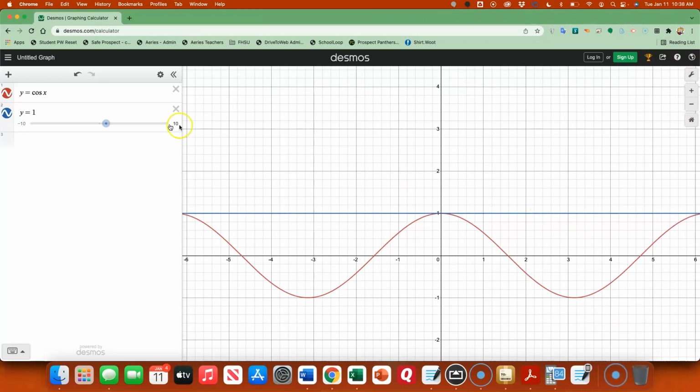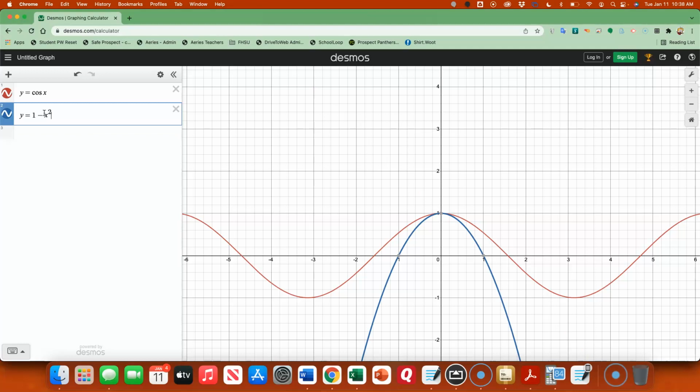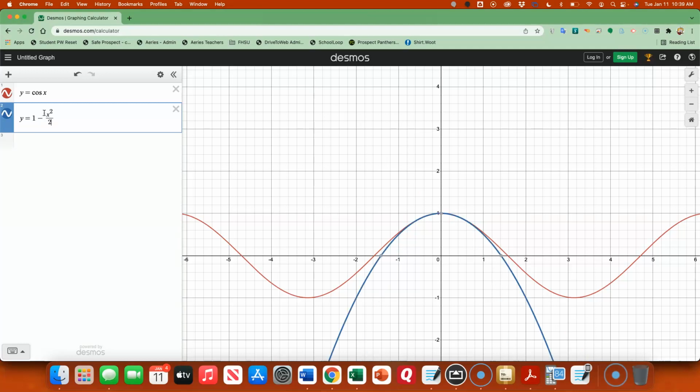And we can if I go ahead and add another term. So the next term that we found was x squared divided by 2. Look at it. Again, as long as we're close to x equals 0, they're pretty close.